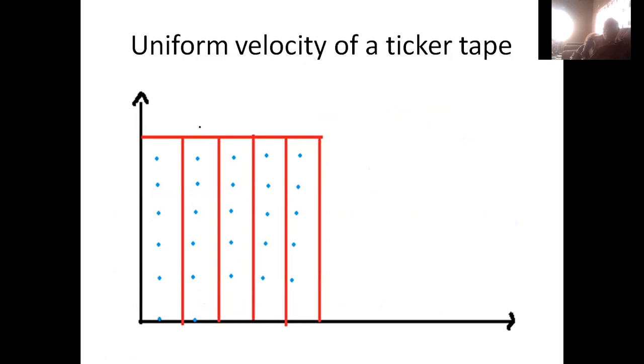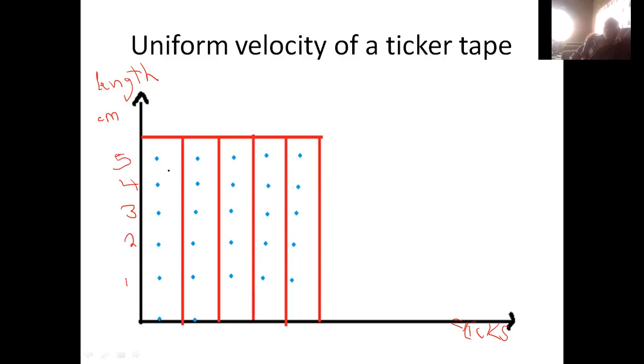At times it can be represented in that manner, where in the x-axis you have the length in centimeters, and here we have the ticks. You notice that this is the number 1, number 2, number 3, number 4, number 5.